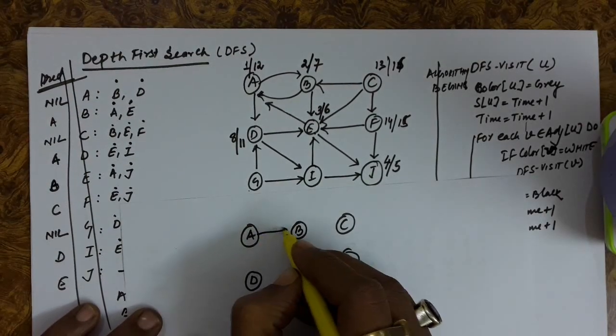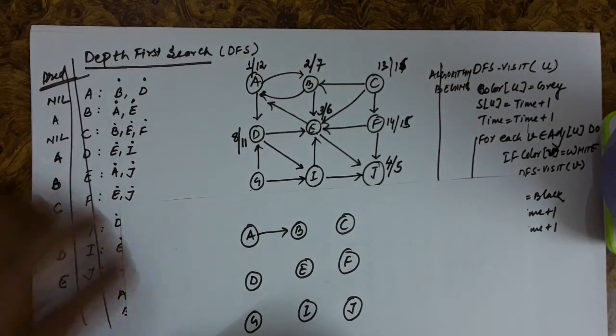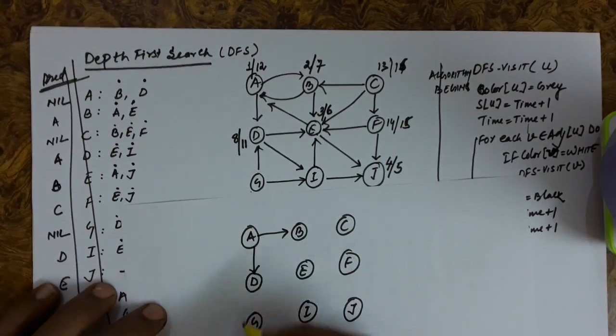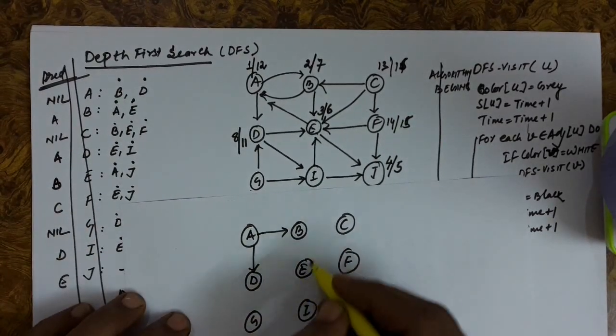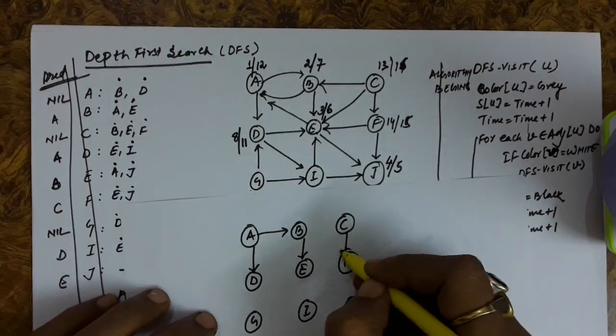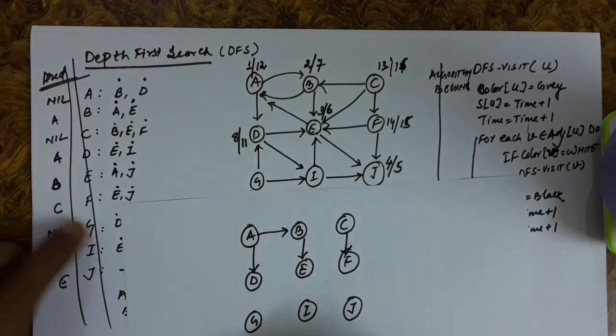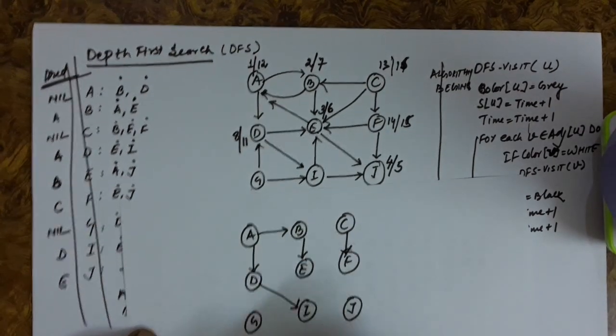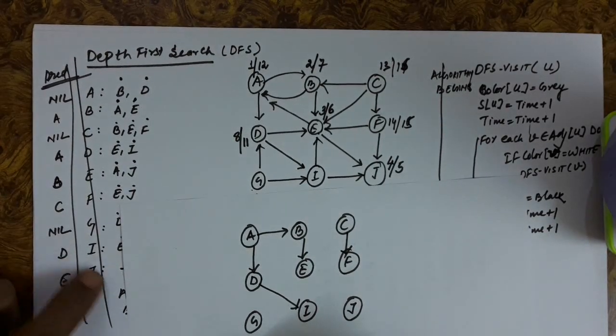So draw an edge A to B. Similarly, nil to C means C will have no predecessor. A to D there is an edge. B to E there is an edge. C to F there is an edge. G has no predecessor. D to I there is an edge. Then E to J there is an edge.